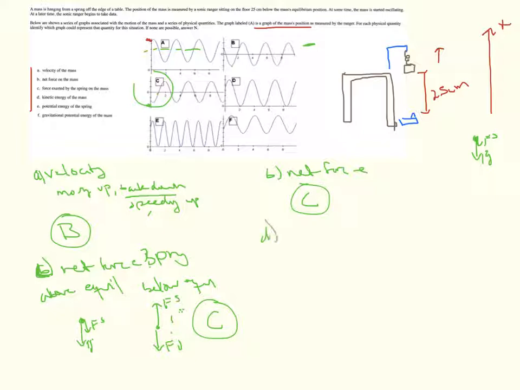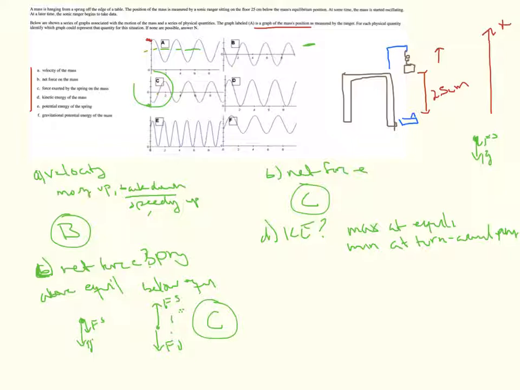All right, so D, the kinetic energy. Okay, so thinking about kinetic energy, it's going to be maximum at equilibrium, and it's going to be minimum at turnaround points. Again, I know that at time equals 0 the spring is almost at its turnaround point.